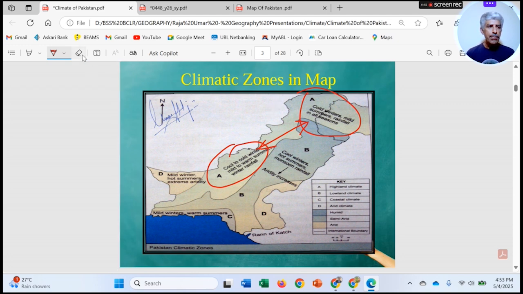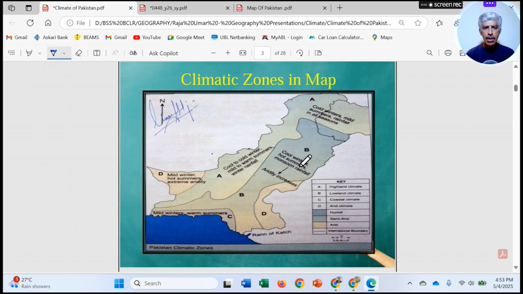In the same way, now talking about region B: cool winters, hot summers, monsoon rainfall. B is known as the lowland climate, and we have studied it in the topography unit.